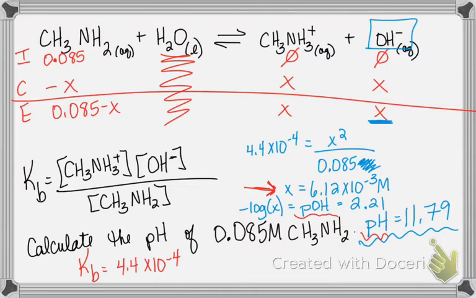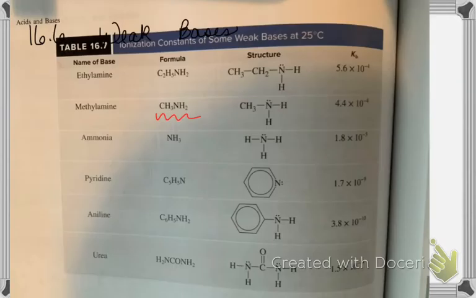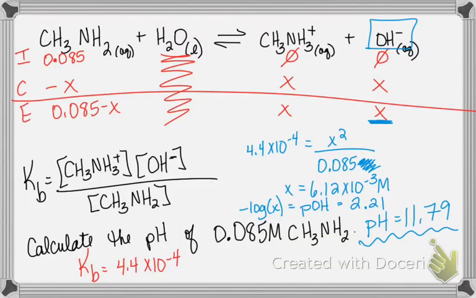Y'all, anytime you're using a Kb, how do you know if you're using a Kb? You know because the table tells you it's a Kb. Anytime you use a Kb, X is always equal to the hydroxide. Anytime you use a Ka, X is always equal to the concentration of the hydrogen.